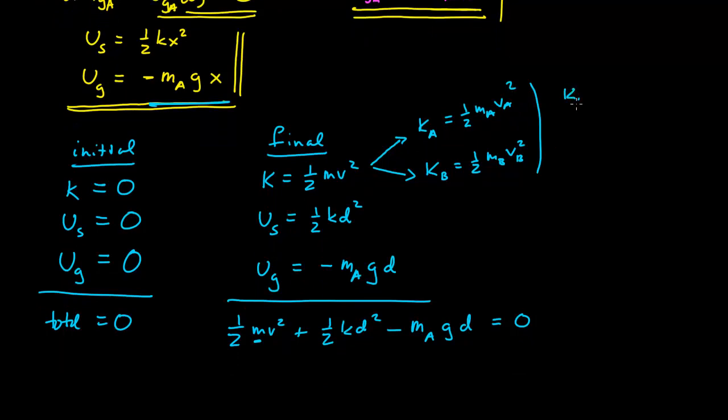And so Ka plus Kb, the kinetic energy of each object separately, is then equal to 1/2 mass A plus mass B times v squared, where this is now the speed of both masses, and if the total mass I just call m, so 1/2 mv squared is now the total kinetic energy, where m is the sum of both masses.